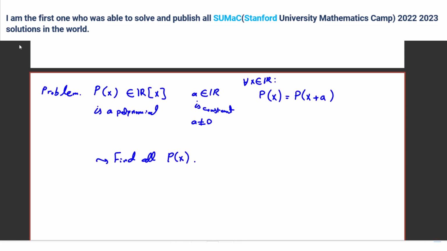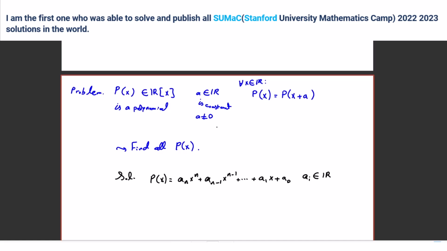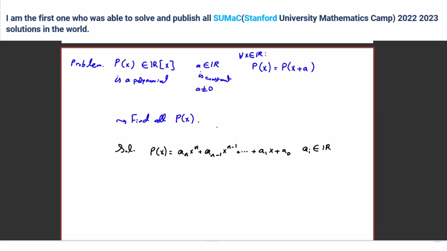In general, for example, if the degree is n, P of x is a_n x^n plus a_(n-1) x^(n-1) plus ... plus a_1 x plus a_0, and the a_i's are real numbers. Then we have a constant a such that P of x, for all x in real numbers, is equal to P of x plus a. It says find all P of x. So try to solve this one.